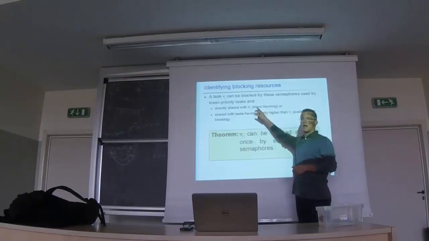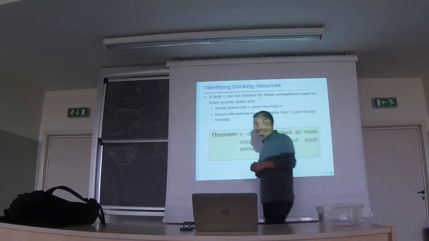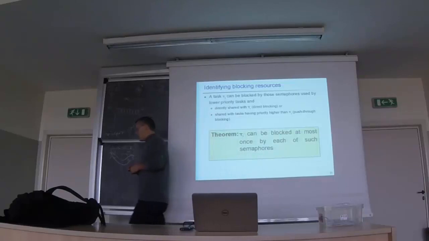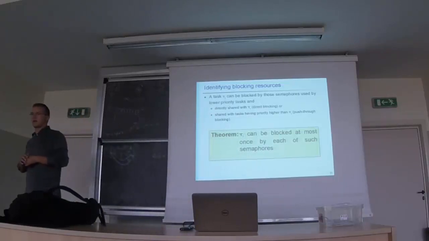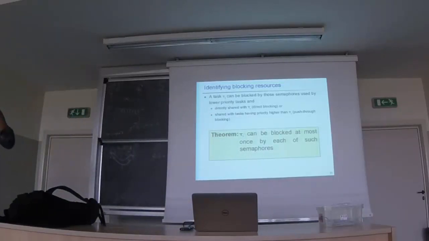When I'm directly blocked, I'm blocked just once. So assume I'm task tau 3. I access semaphore A, and I'm blocked. Why am I blocked?